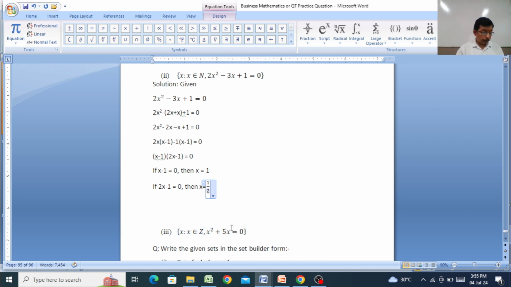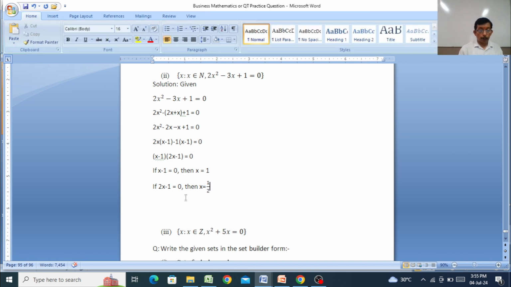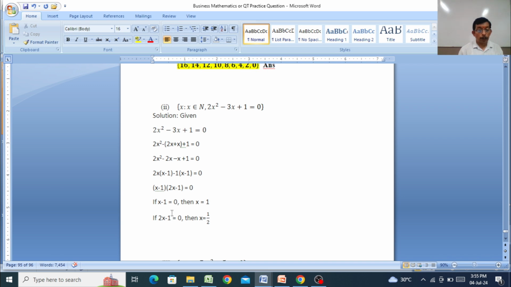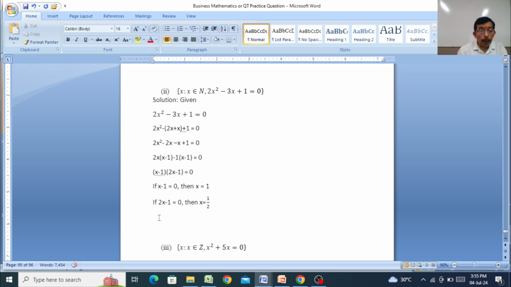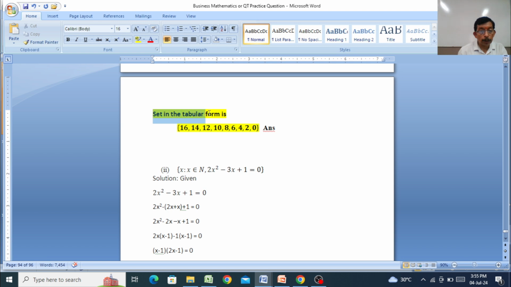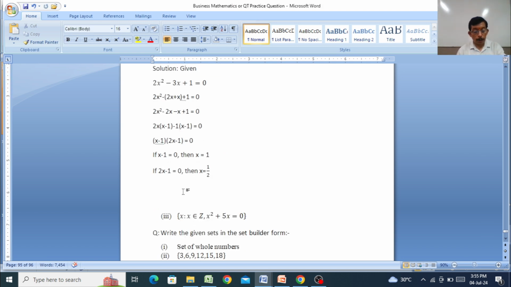Now what is the value in the given question? X is a natural number. A natural number is 1, 2, 3, 4. So in both, what is the natural number? 1. 1 by 2 is a fraction in the real numbers.